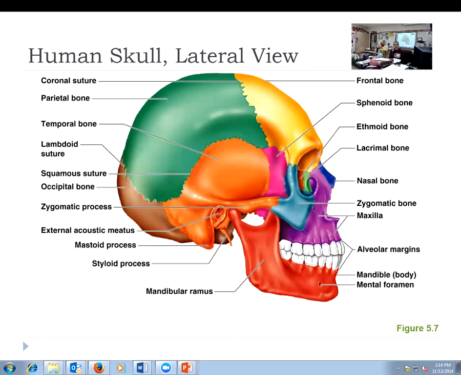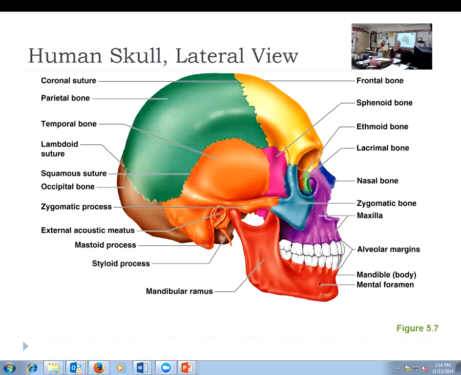Just remember lacrimal because of your lacrimal ducts. I think lacrimal means tears, but your tear ducts are your lacrimal ducts, so kind of in that place where your tears are. Then you have the maxilla, which is your upper jawbone, and then the nasal bone, which is the one that's right out in front.